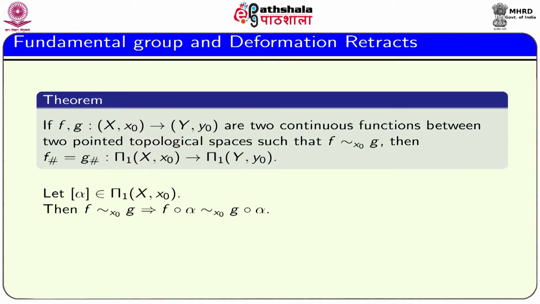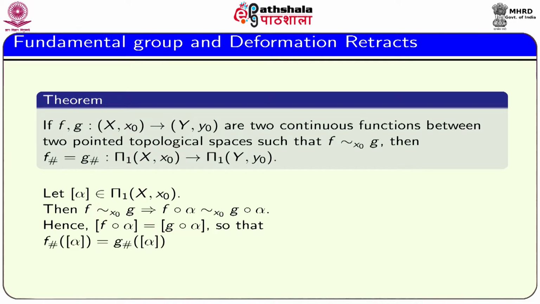Then f path homotopic to g implies f composed alpha is path homotopic to g composed alpha, and therefore the class of f composed alpha is equal to the class of g composed alpha, so that f sharp of alpha is equal to g sharp of alpha. Now the class alpha is arbitrarily chosen, and therefore we have f sharp is equal to g sharp.